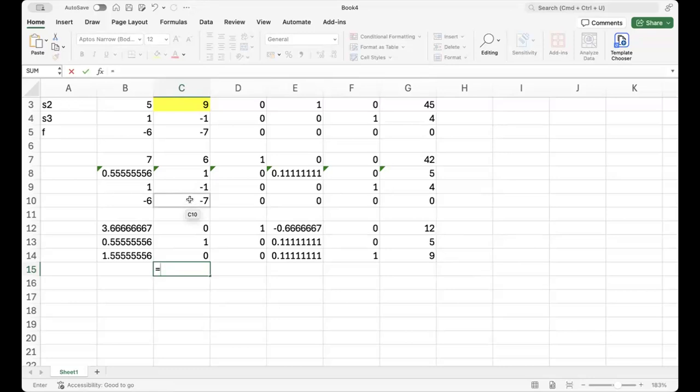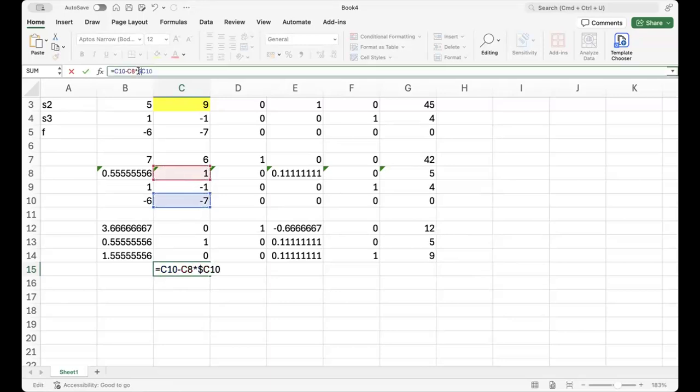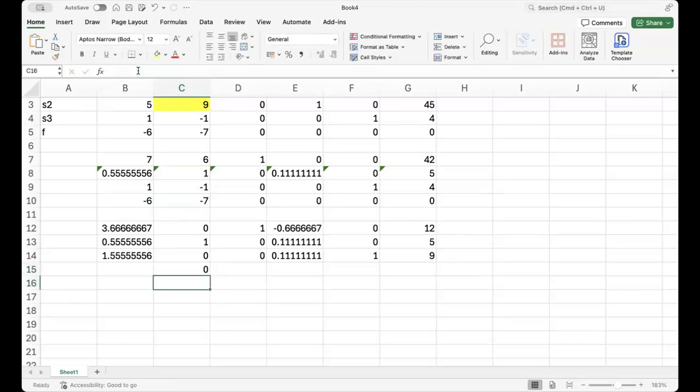The next one, this one, subtract by this one, times this one, but this must be constant. Then we obtain our table in the second iteration.